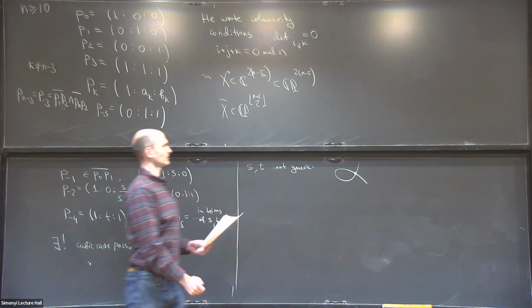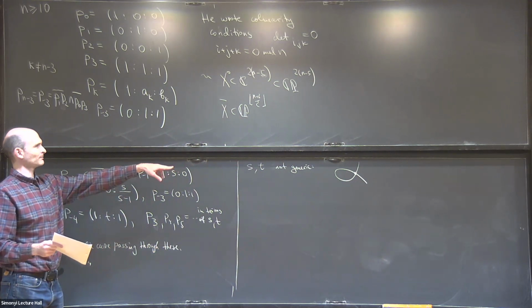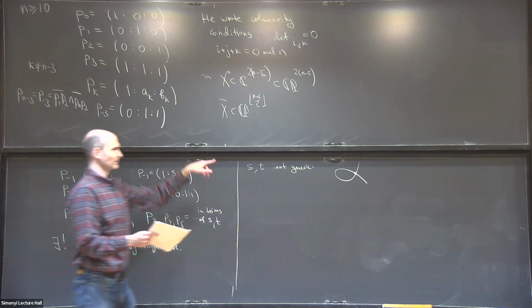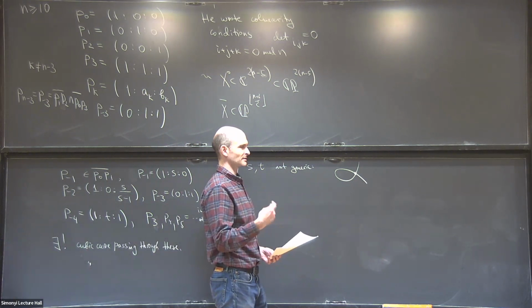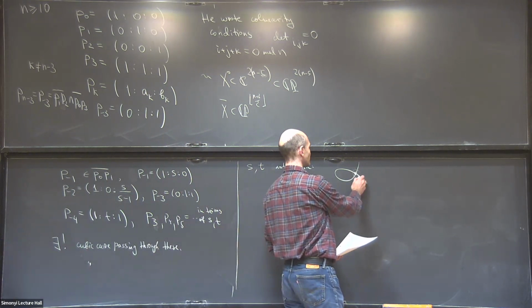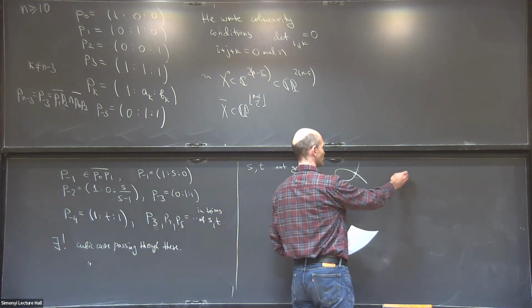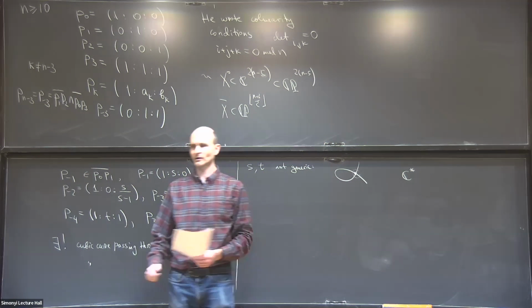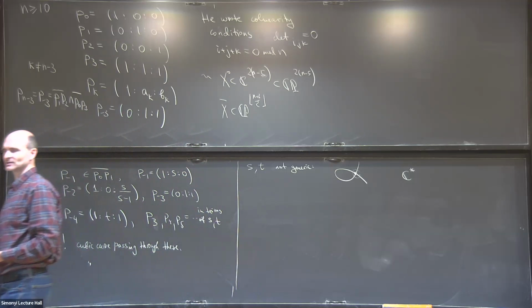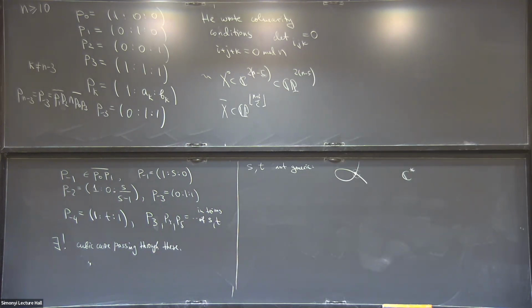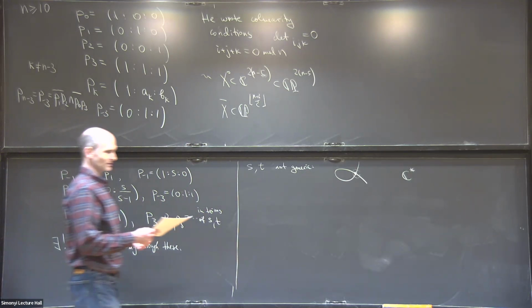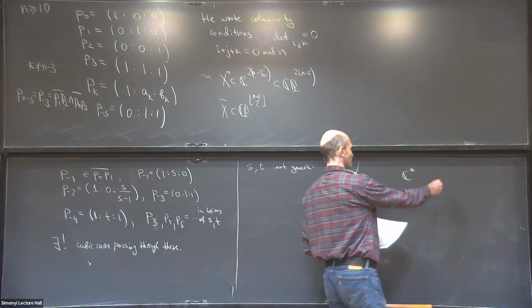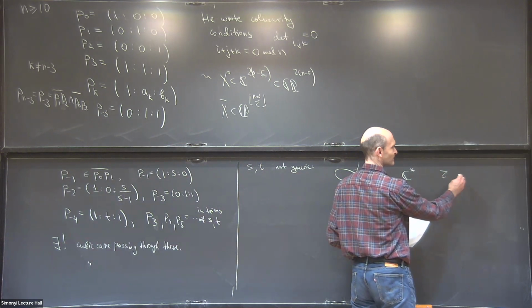What happens here is a rational nodal curve is also almost a group. If you remove these 2 points, you get C star, and then you look for subgroups of order n in C star, and those are the nth roots of unity.